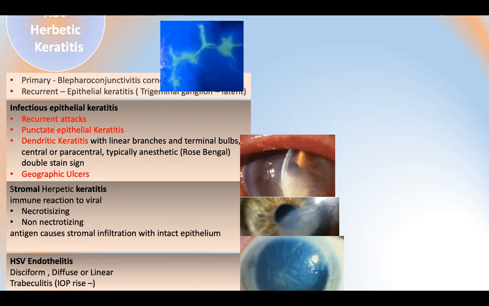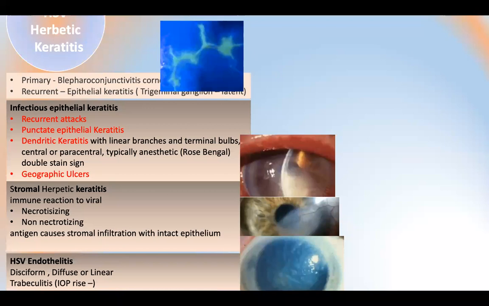The epithelial one is the famous dendrites, and it has a nice character by a stain called double stain. When we stain with fluorescein and again with rose bengal, it will be highlighted with pink, because it has linear branches with terminal bulbs.